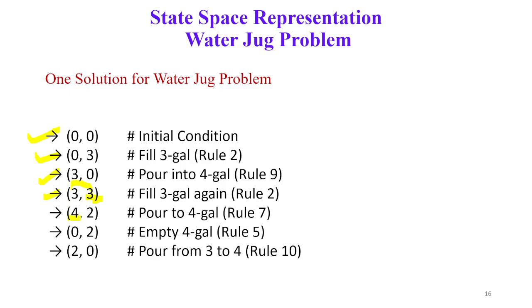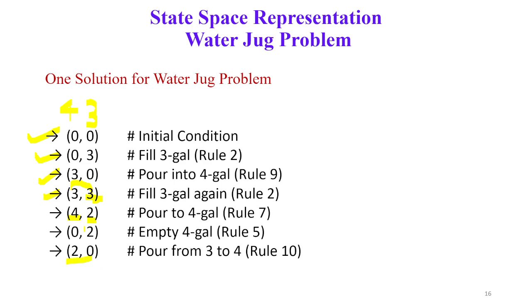Now this will become 4 and this will become 2. That's where we are, at 4 comma 2. Now our goal is this, right? This is the 4-gallon jug and this is the 3-gallon jug.